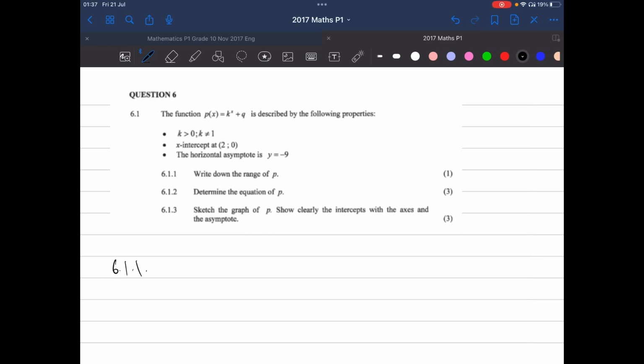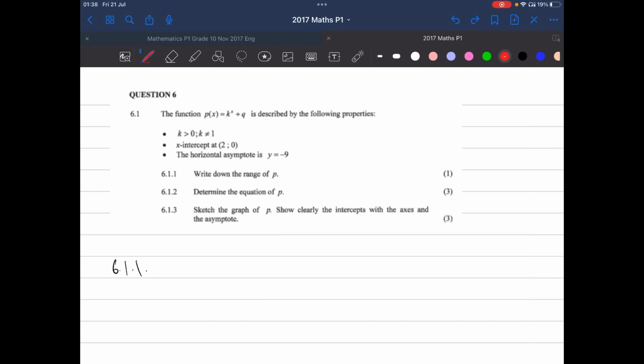Okay, so the range, firstly, remember we said is the y values. So if we look at p, let's firstly look at the horizontal asymptote. An asymptote means that, let's say this is my asymptote and this is my function, the function will approach that number, but it will never get to that.